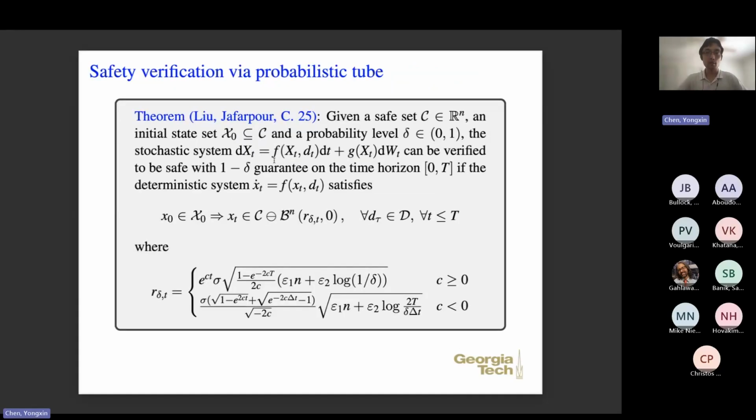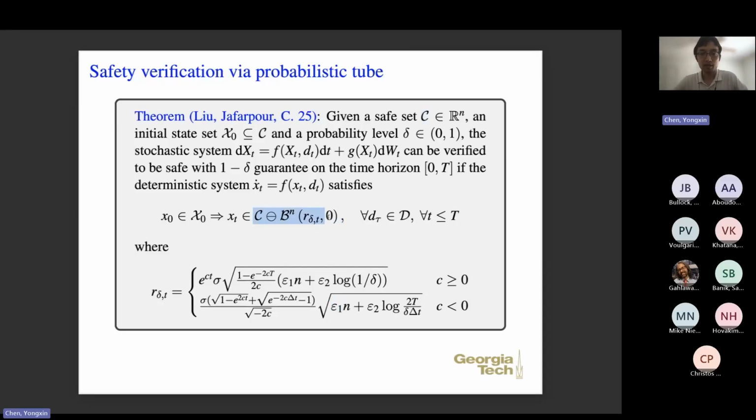So this is the general recipe we would like to provide to the user. If you have a stochastic system, a set which you define to be the safe set, and some probability level you care about, then you can compute this ball, where the radius can be computed in closed form. Then you just shrink the set, so this set is going to be slightly smaller than this one.